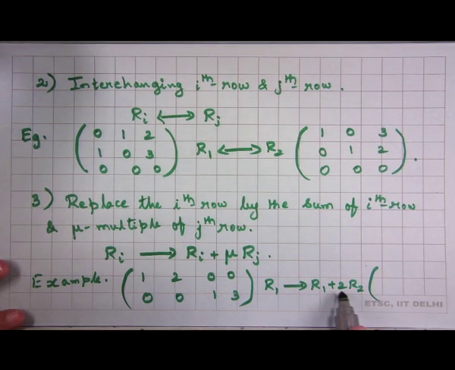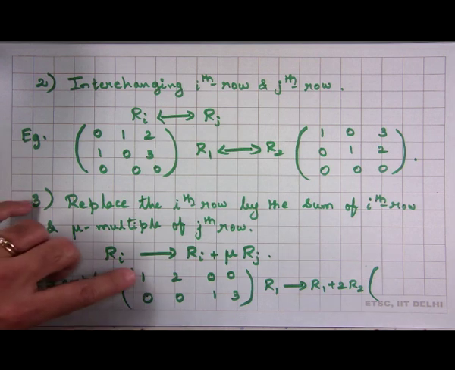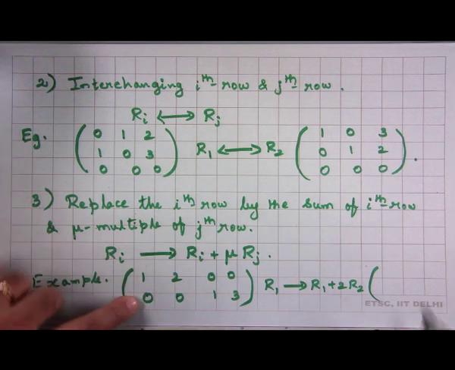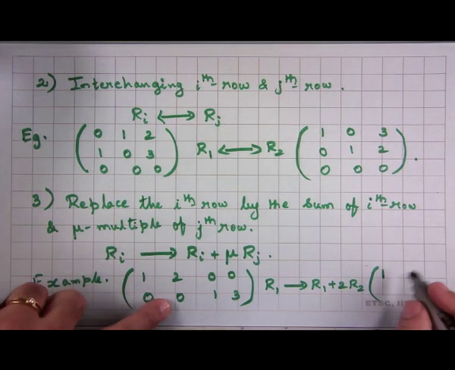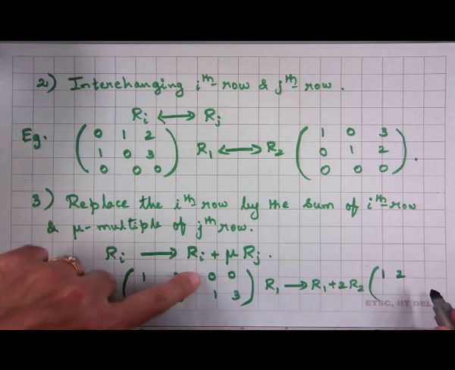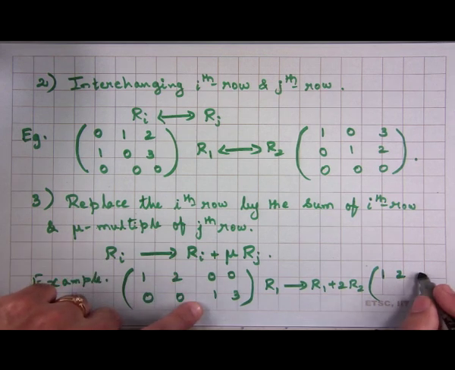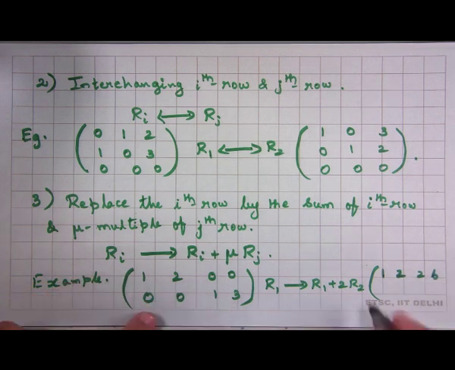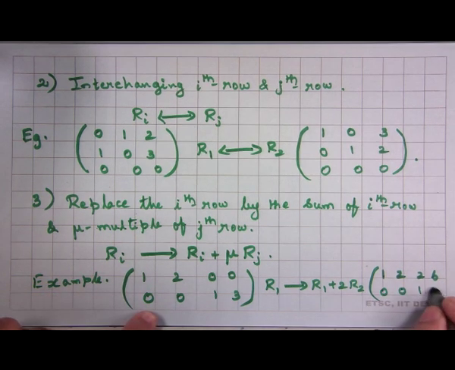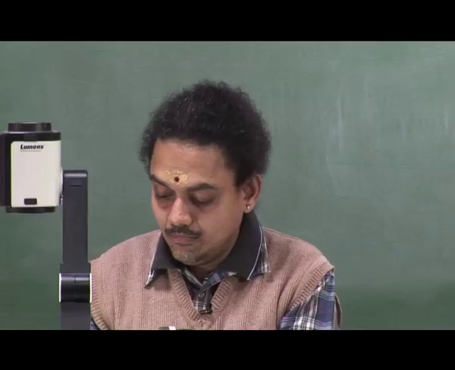We are just multiplying 2 times R2. So, first one: R1 is 1, 1 plus 2 times 0 is 1, 2 plus 2 times 0 you will end up with 2, 0 plus 2 times 1 you will end up with 2, 0 plus 2 times 3, so you will end up with 6. So, 0 0 1 3. This is the one that we have.